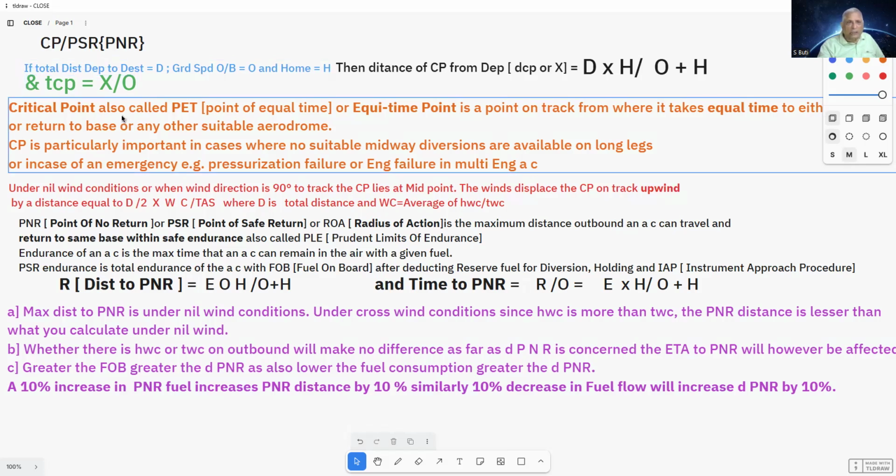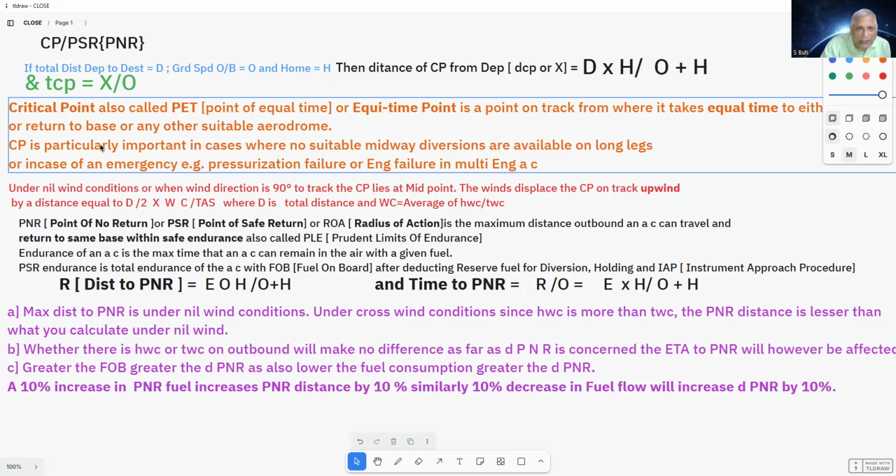Critical point, also called point of equitime or equitime point, is a point on the track from where it takes equal time to either proceed to destination or return to your home base or any other suitable aerodrome.